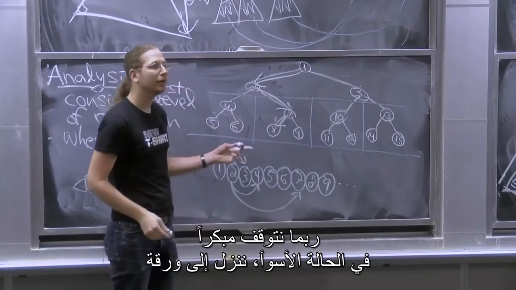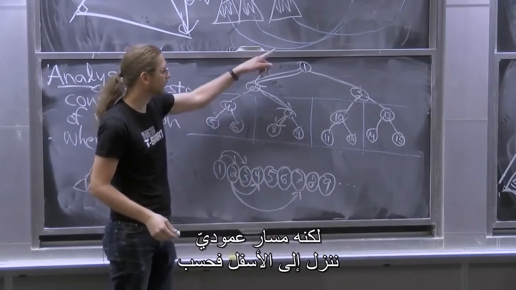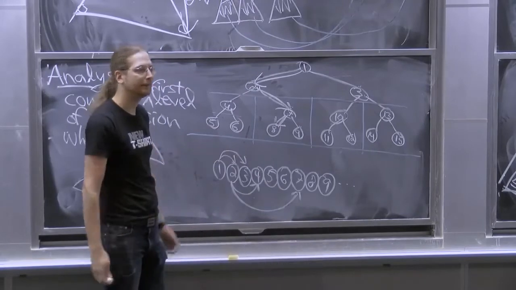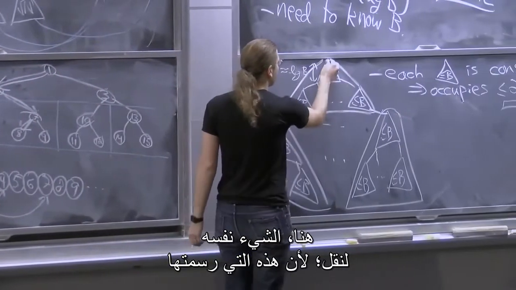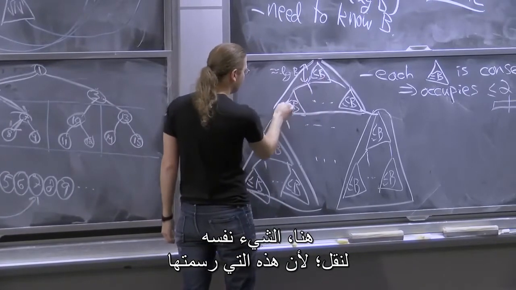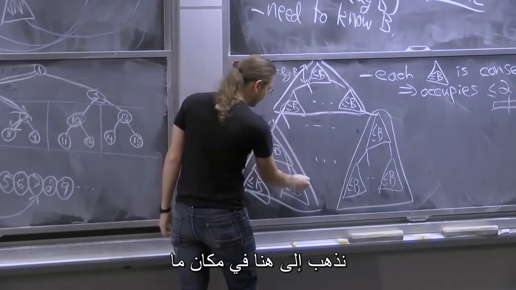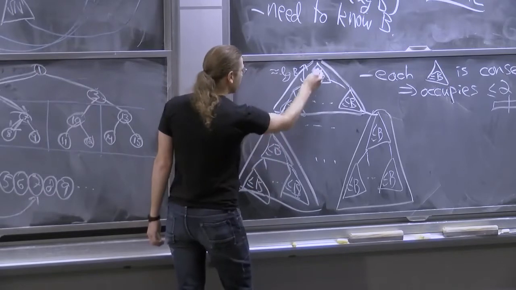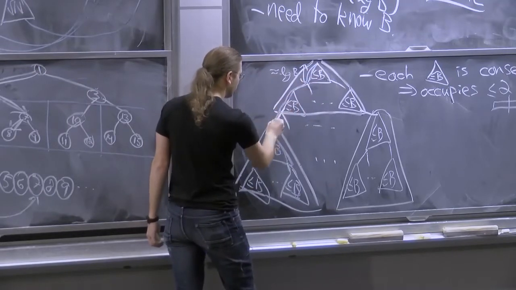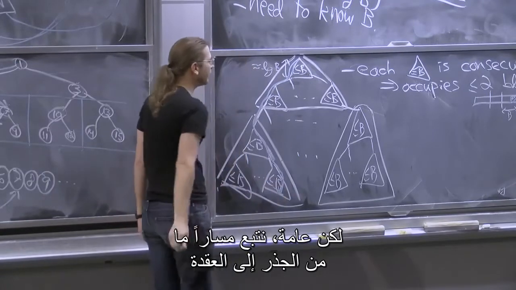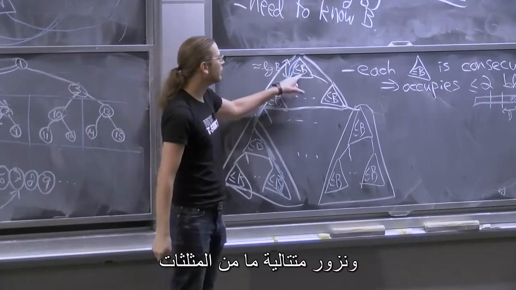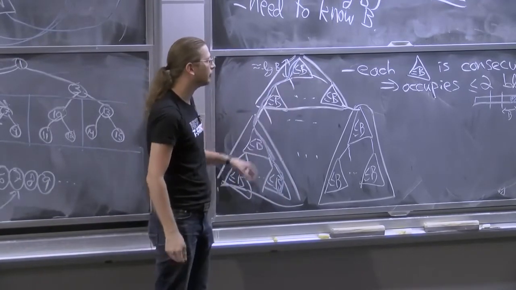Maybe we stop early. Worst case, we go down to a leaf, but it's a vertical path. You only go down. Over here, same thing. In general, you're following some root to node path, and you're visiting some sequence of triangles.